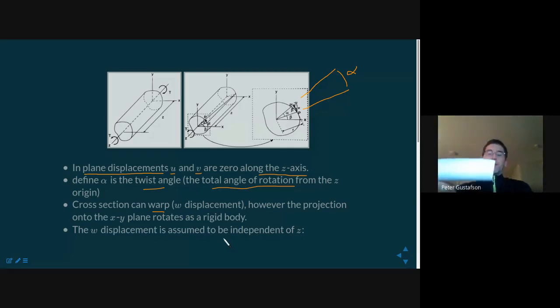If we turn the sheet of paper sideways, you can see that this is now a warped sheet of paper in the plane. The plane itself, the original plane, is warped. Okay, that's why we call it warping.